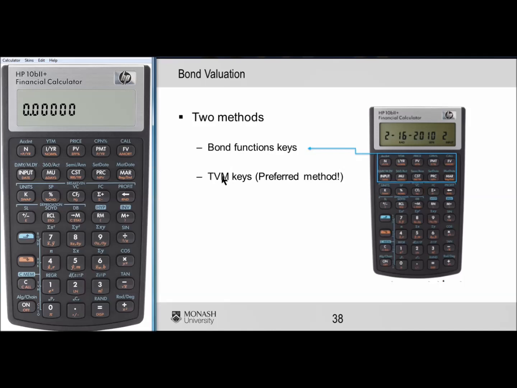Alternatively, we can also solve the bond problems using the time value of money keys, which we have already seen in the previous sections. And this is actually the preferred method. Nevertheless, I will still demonstrate the computation using both approaches.